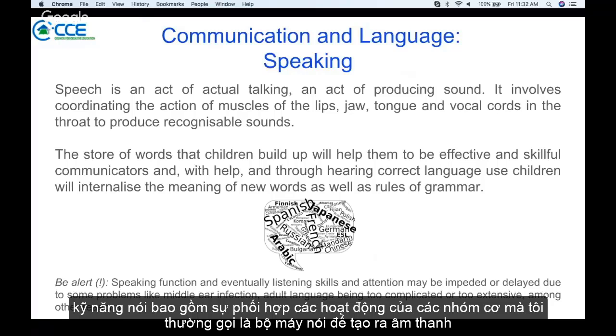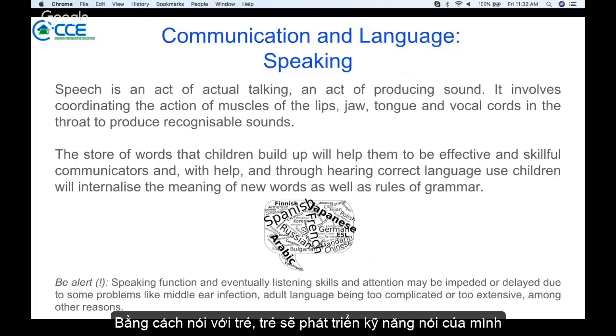The speaking skill involves coordinating a group of actions, a group of muscles, also called the speech apparatus, in order to produce the sound.